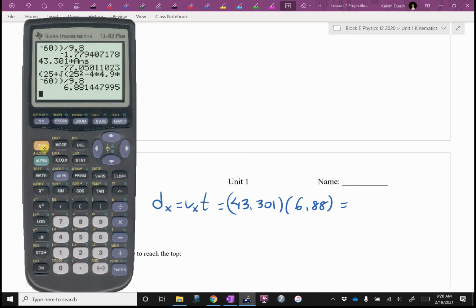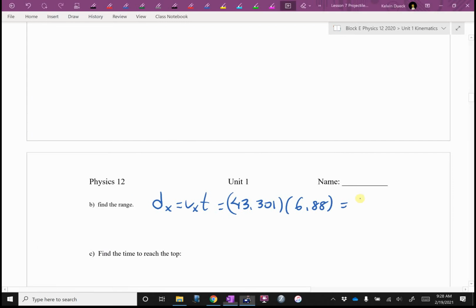So there's my answer button. 43.301 times answer button. I had the wrong answer for a second there. 298 meters. You figured it out okay? What was it? There you go.